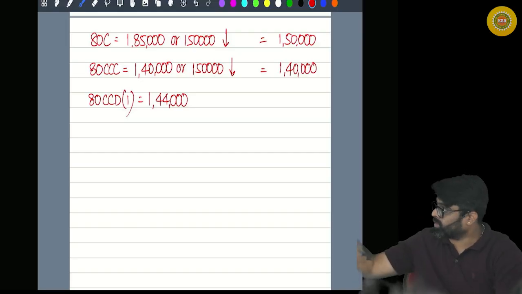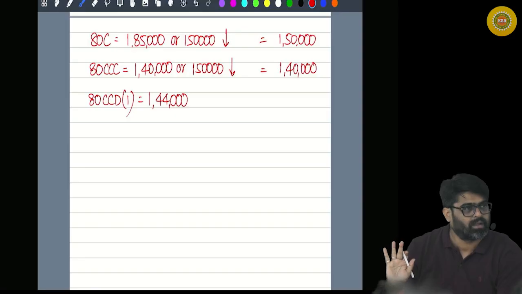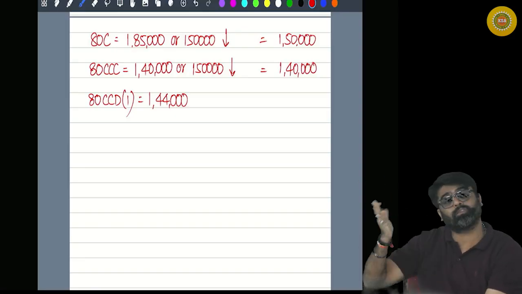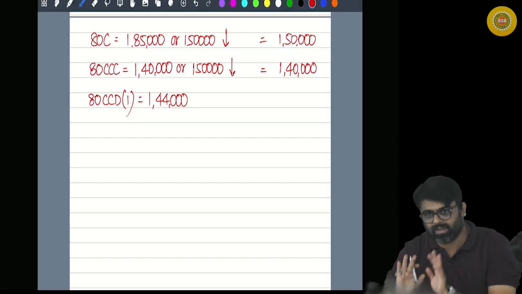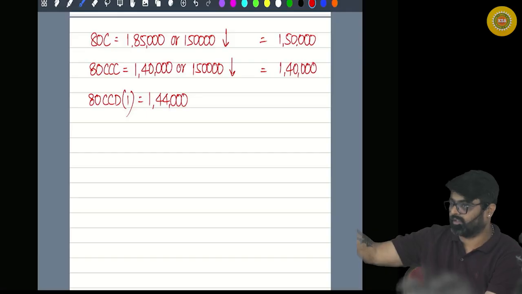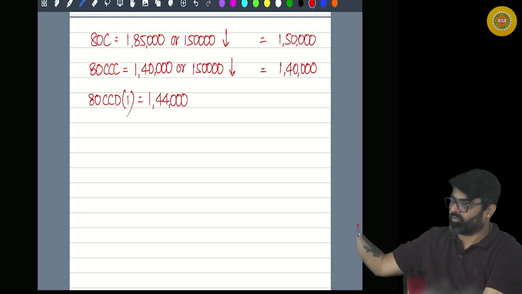I can claim full 50,000 under 80CCD(1B) and the balance amount I can claim here also. Which one is better? Did you understand what I told you?